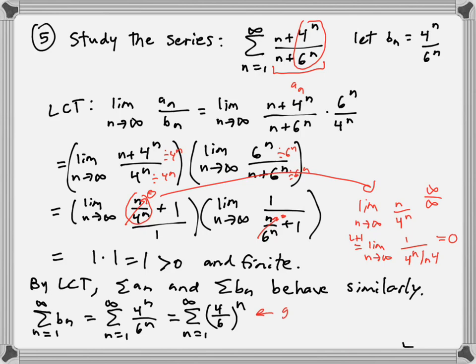This is a geometric series. The first term, if you plug in n equals 1, is 4/6, and the ratio is 4/6, and that's less than 1. So this means that it converges.